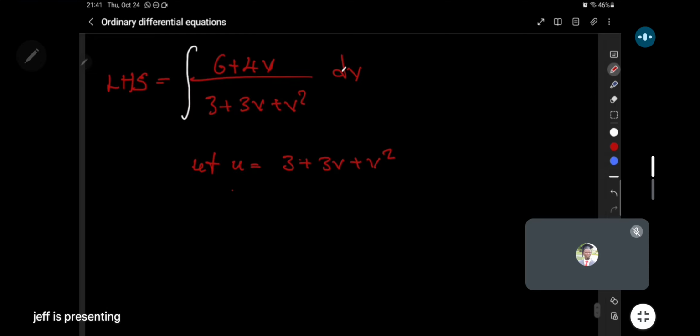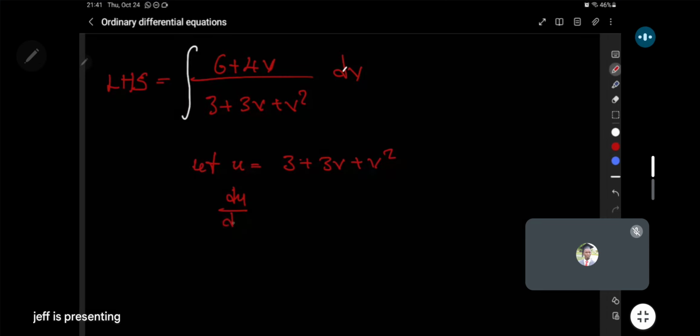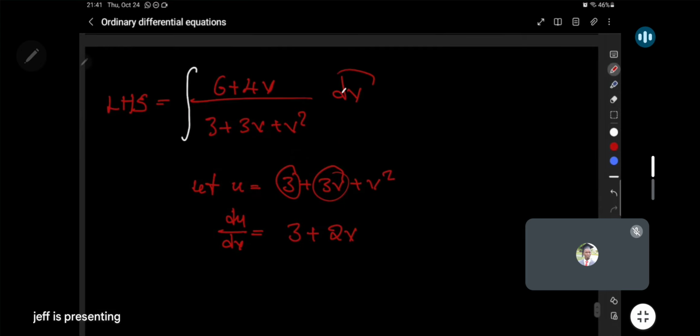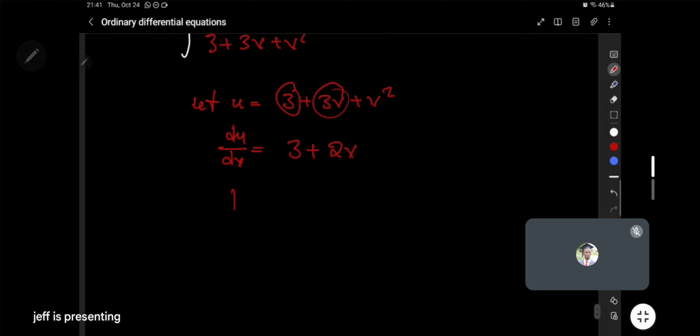Here, when we get du/dv, we get 0 here, 3 here, and 2v here. We want dv, so we make dv the subject. This will be du over 3 plus 2v.